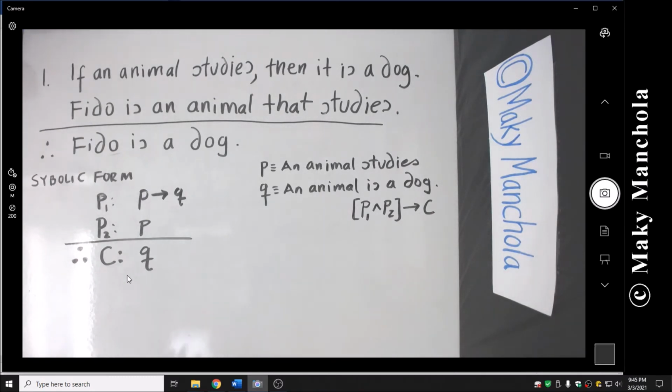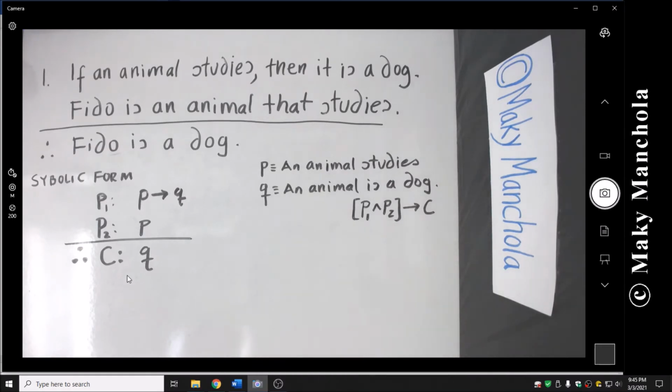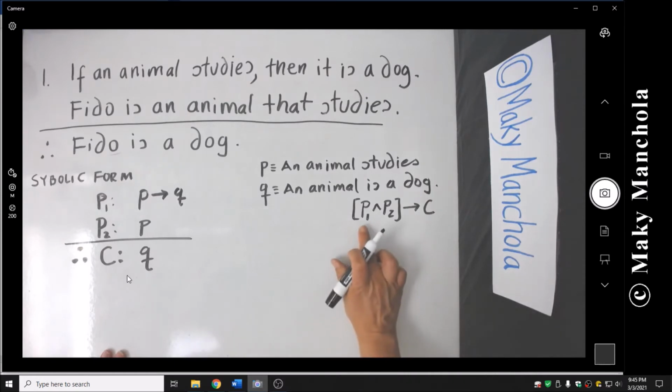So let's proceed to come up with the truth table for the conjunction of the premises implies the conclusion. Now, conjunction of the premises.